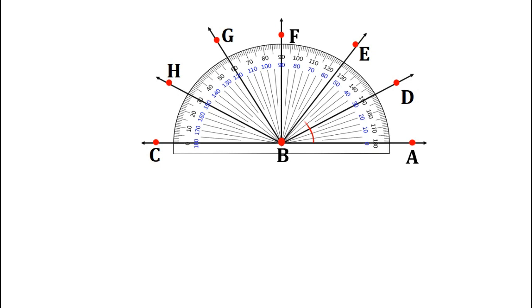Now, starting from 0, we will read the number or the mark on the inner scale through which the arm BF or FB is passing. Since arm FB is passing through 90°, therefore angle ABF measures 90°.